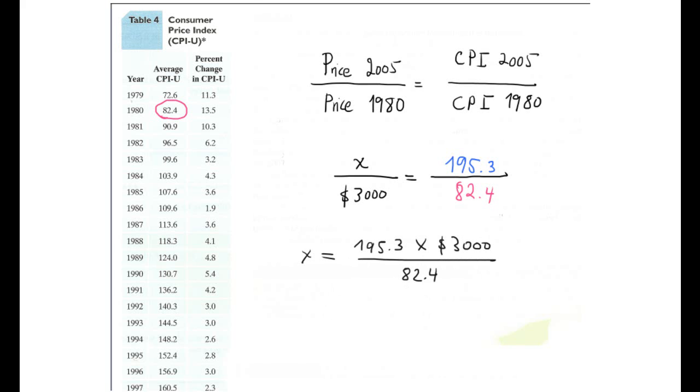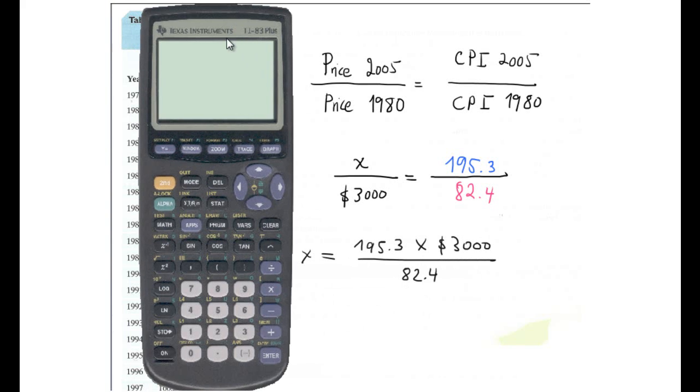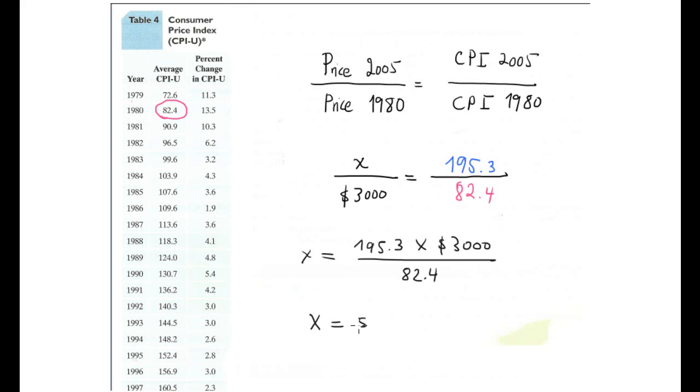Okay, one more time, use the calculator. 195.3 times 3,000 divided by 82.4. Super. The answer is then 7,110.44.